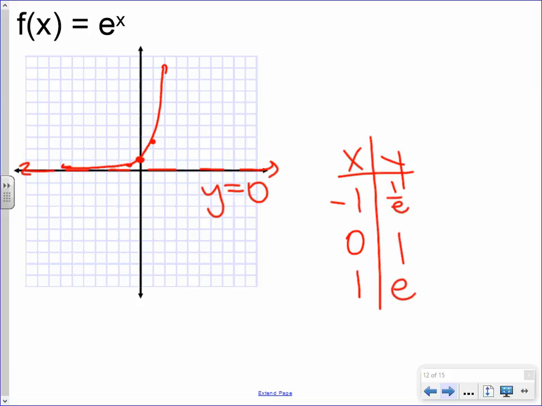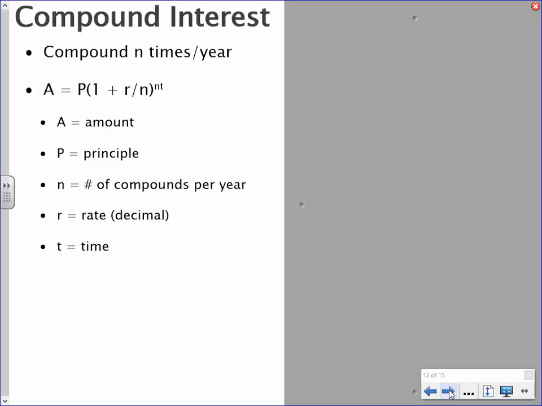Okay. So, what do we use e for? Here's why e is important. Compound interest. If we have interest compounded a certain number of times per year, this is the formula that we use, where A is the amount after so many years.